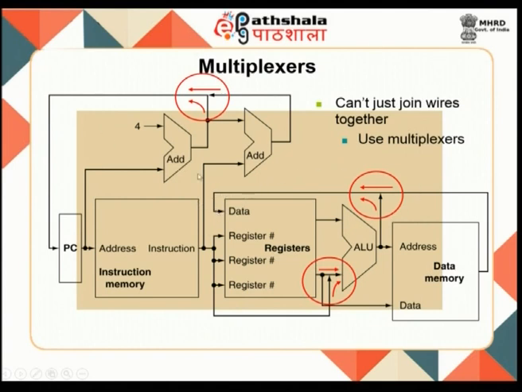And as far as this part is concerned, the current PC value has to be given here. You have to add 4 to this to get the incremented PC value, or if it is a branch instruction, use this PC value, and the target address, the displacement value that you have here has to be added here, and that gives you the new target value, which will have to be loaded into your program counter.